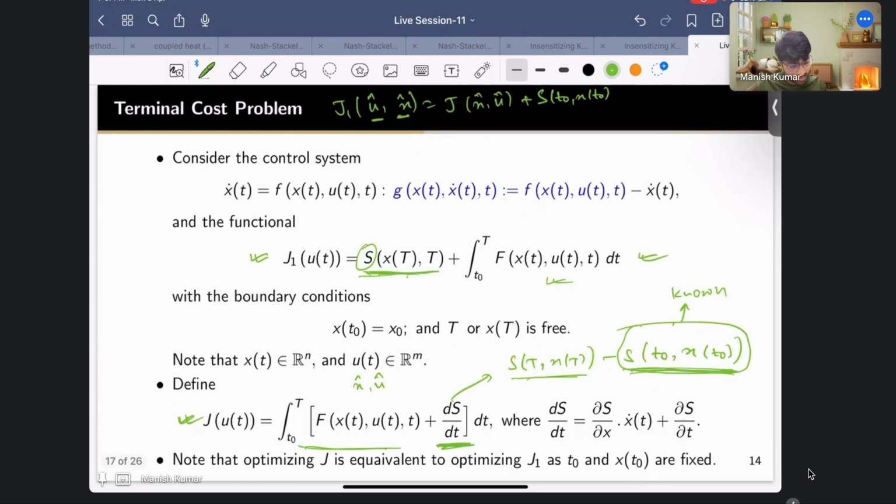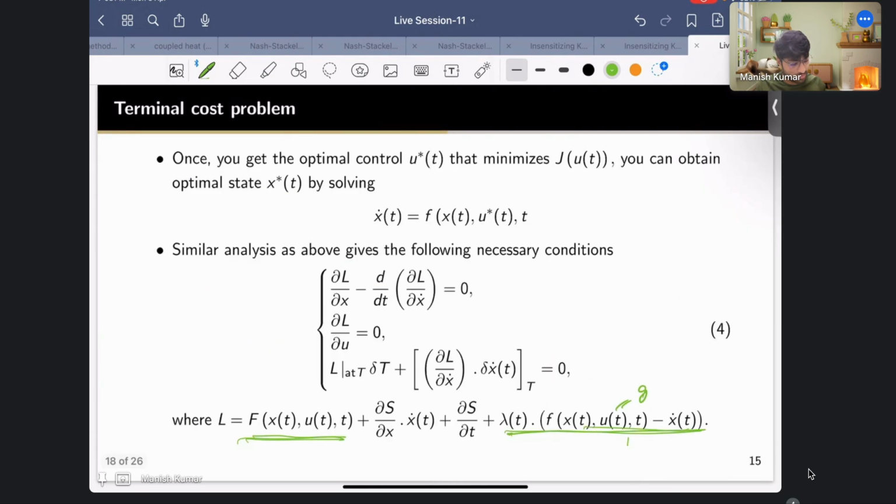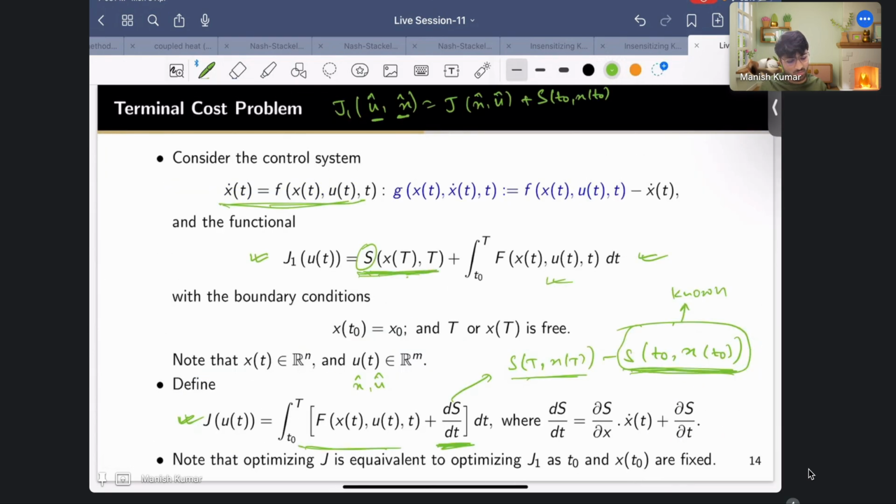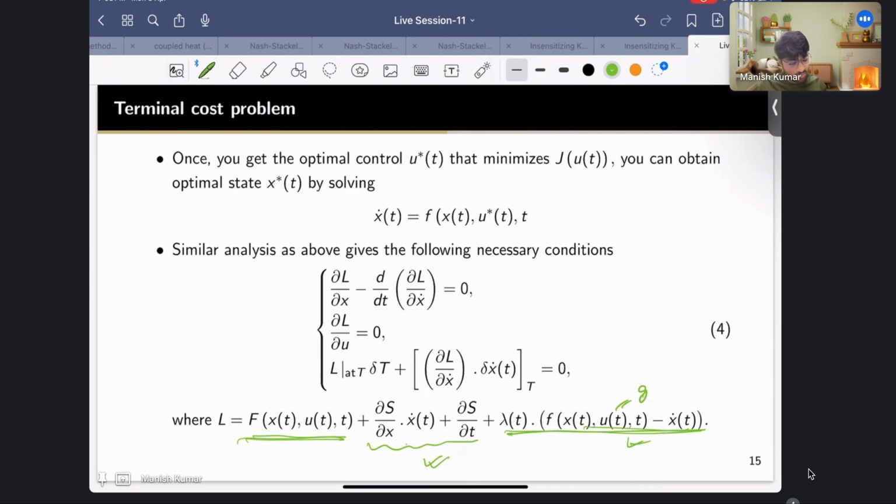Here x prime is this f, so g is f minus x prime, which is written here. This is something which is new if you compare with the previous case, and it is because of the addition of this new functional. So this new functional is counted here at this point. This is due to that term.